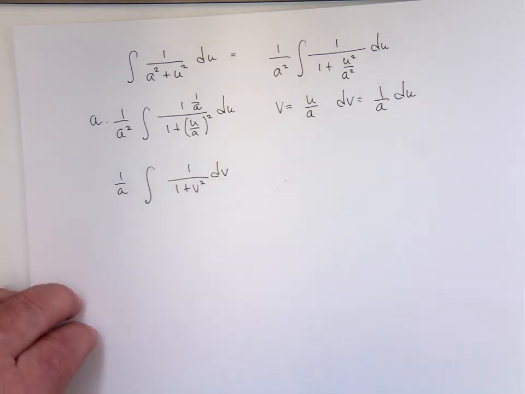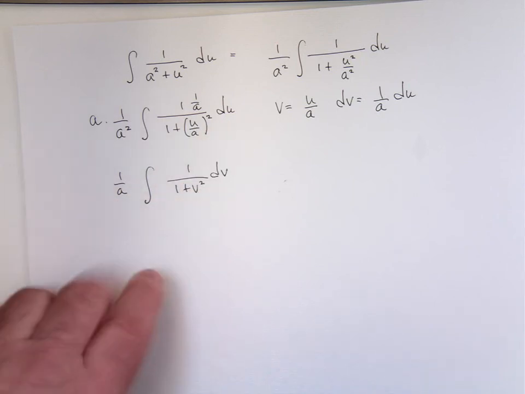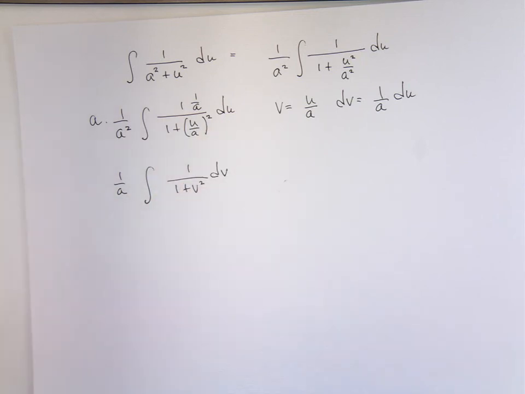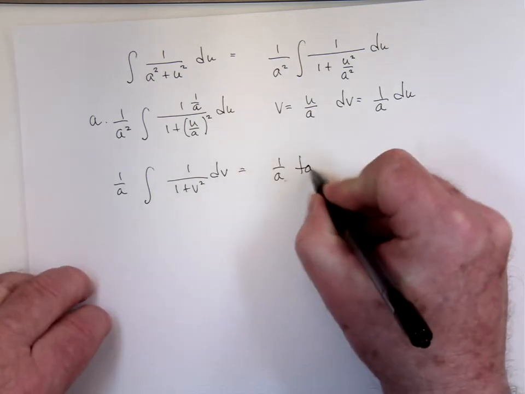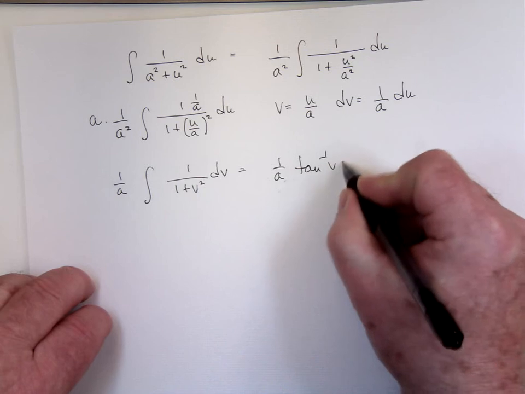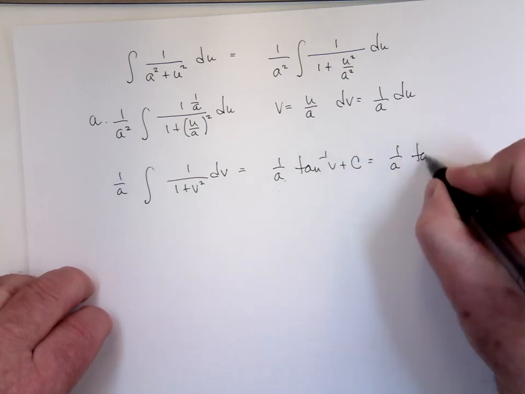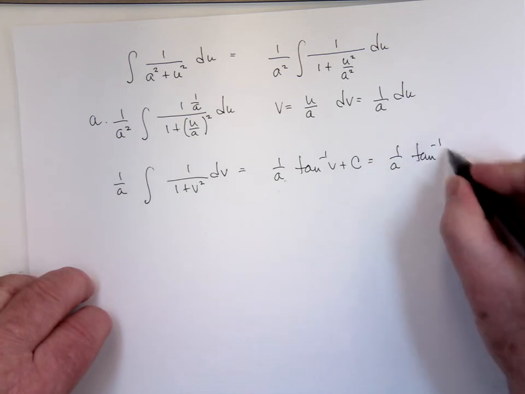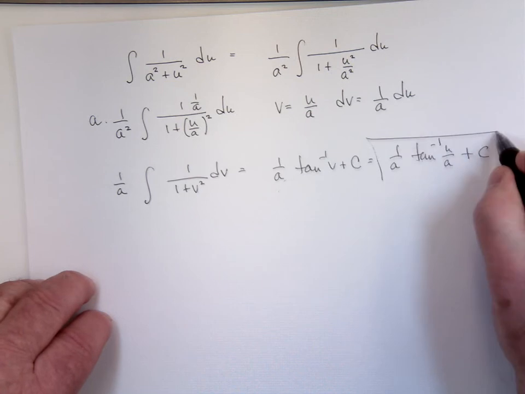That 1 over a du is the dv. This is the integration form that we have: 1 over a inverse tangent v, or 1 over a inverse tangent u over a, plus C. This is our generalized inverse tangent form.